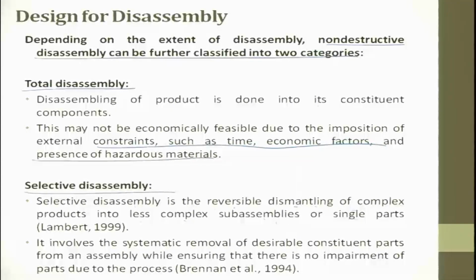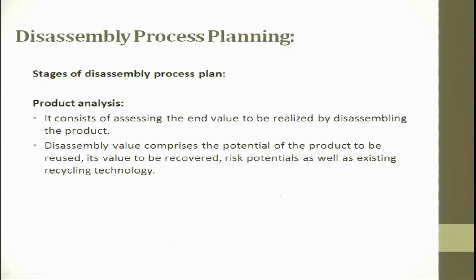The first one is where you completely dismantle. The stages of the dismantling process plan: you have product analysis, functional analysis. Product analysis consists of assessing the end value to be realized by disassembling the product.